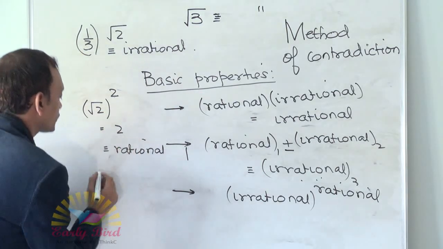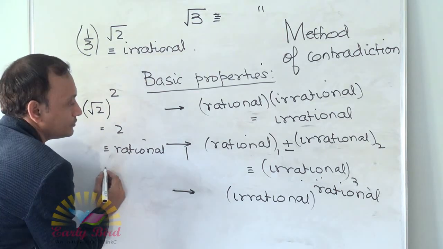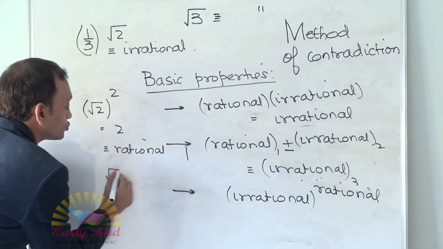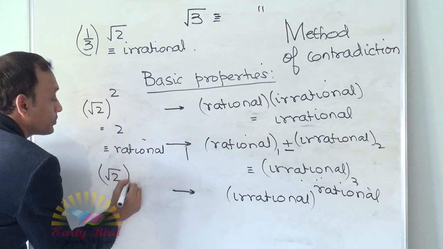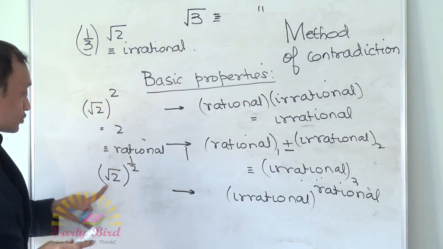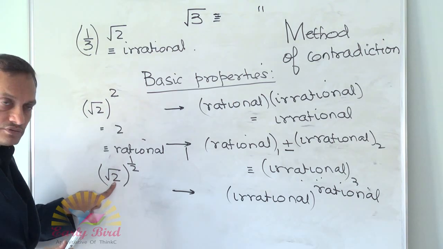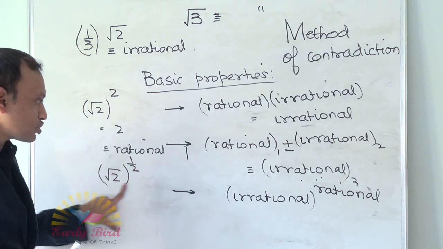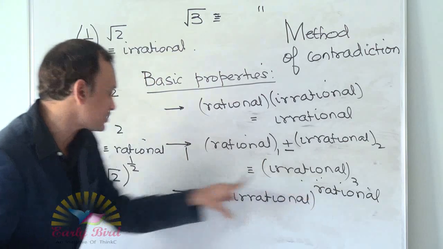However, if I took root 2 to the power half, root 2 is irrational, half is rational. So this is of the same form, irrational to the power rational.